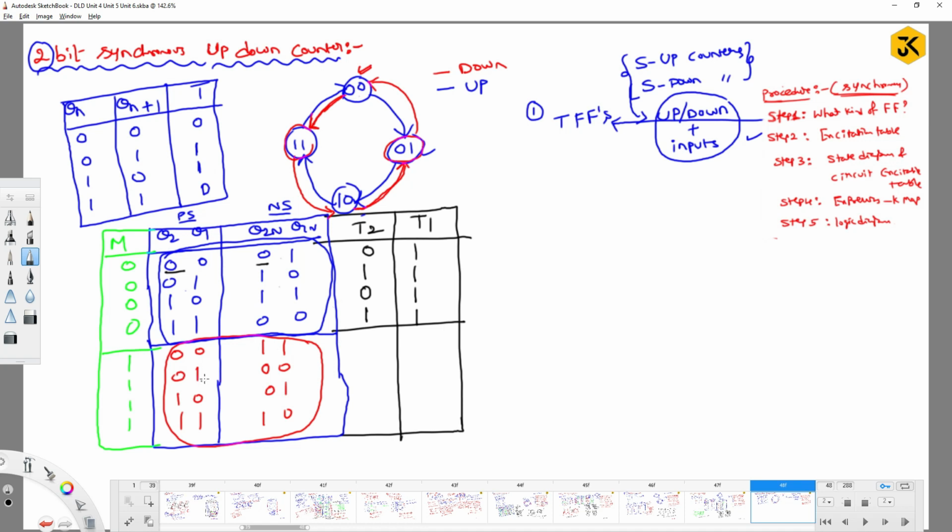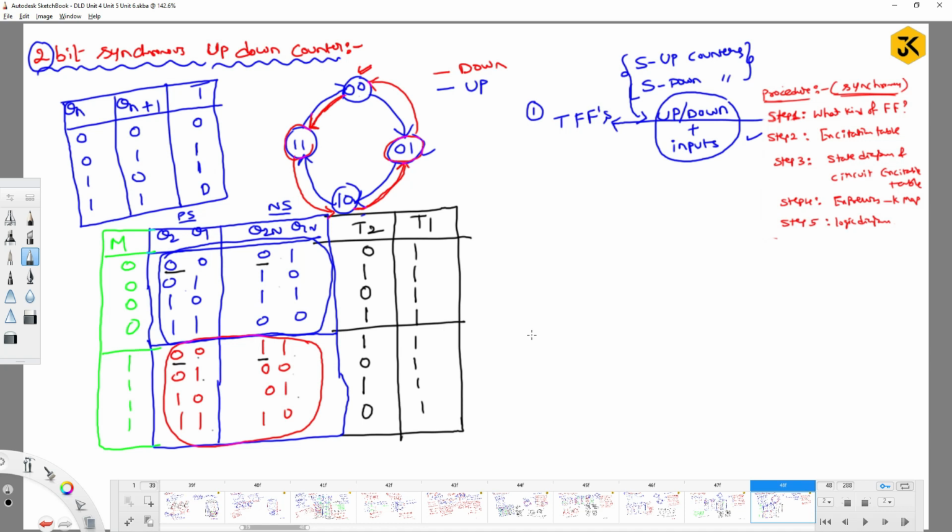Similarly, in the down counter also, try to take this is 0, this will be the 1 toggle mode, 0 0 latch mode, 1 0 toggle mode, 1 1 latch mode, right? Similarly, if you take out T1, 0 1 toggle, 1 0 toggle, 0 1 toggle, 1 0 toggle, so all are going to be ones. See guys, I haven't done any magic here, I just combined both the up counter as well as the down counter.